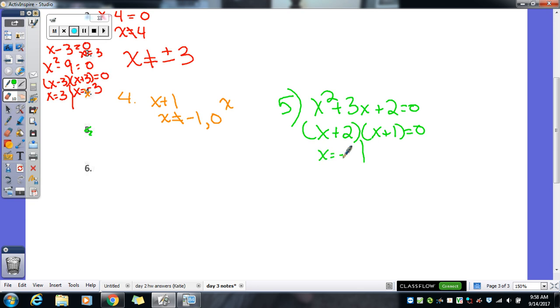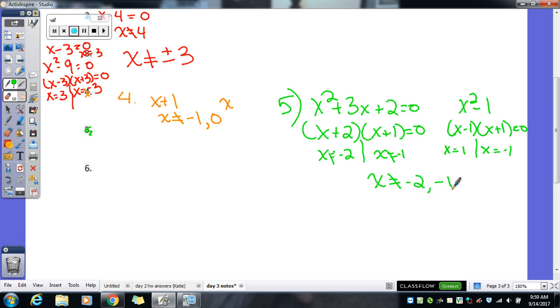Negative 2 and negative 1. And then the other denominator we had in that problem was x squared minus 1. So that factors into x minus 1, x plus 1. So what are our 2 values from that one? One and negative 1. So x cannot equal negative 2, negative 1, or positive 1 in problem number 5.